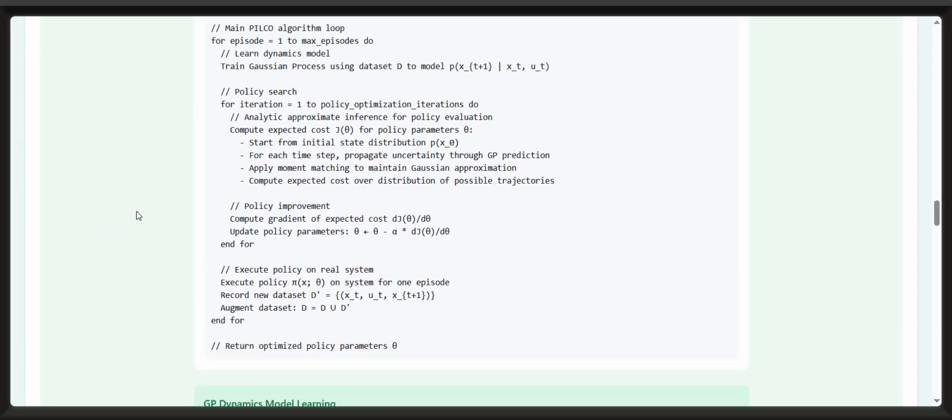So what we do instead is something called moment matching. What that means is we approximate these complicated distributions with Gaussians by matching the first two moments, that is the mean and the covariance.